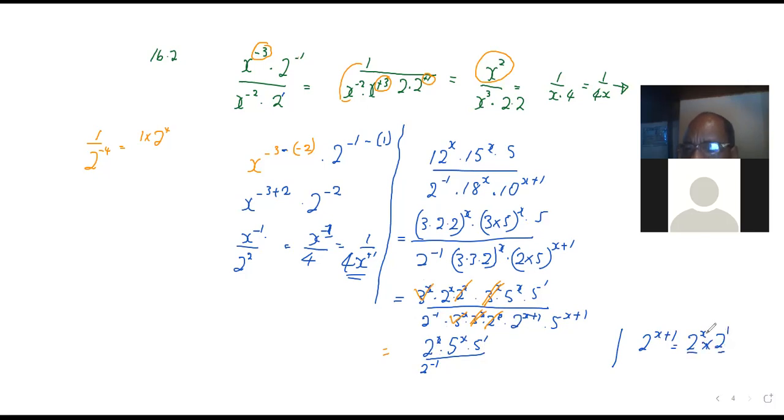We add the exponent x plus 1. So it means this one can be written as 2x times 2 to the power 1 times 5x times 5 to the power 1. Then this cancels, this cancels, this cancels.